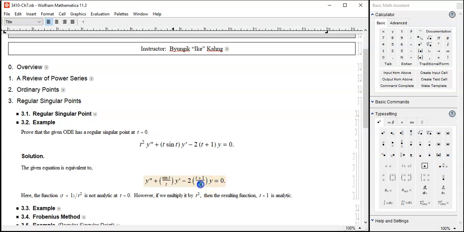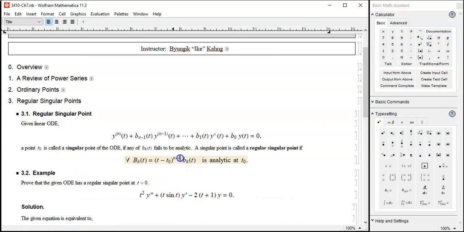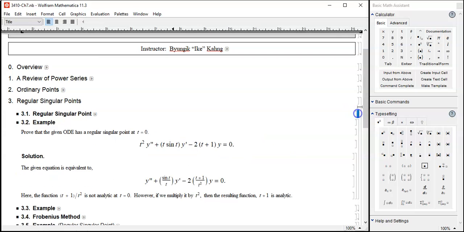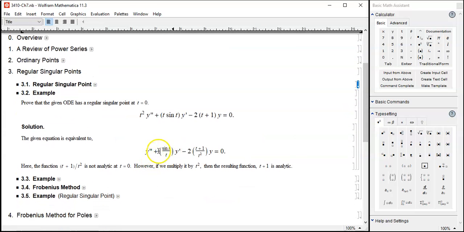But if I multiply by t squared, t to the n minus k power, so if I multiply t squared, then t to the first power, it becomes analytic. So second power, first power, 0 power. If we could go backward like this, then that's a regular singular point.